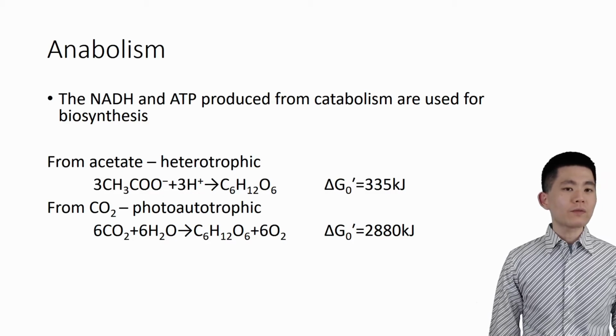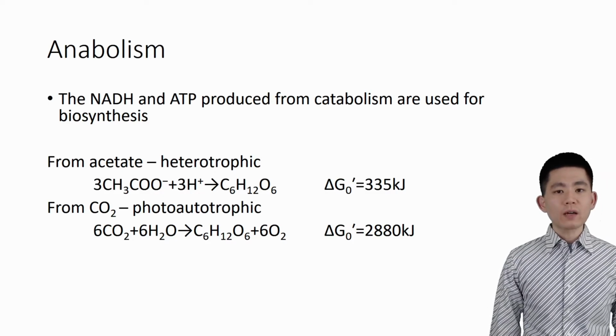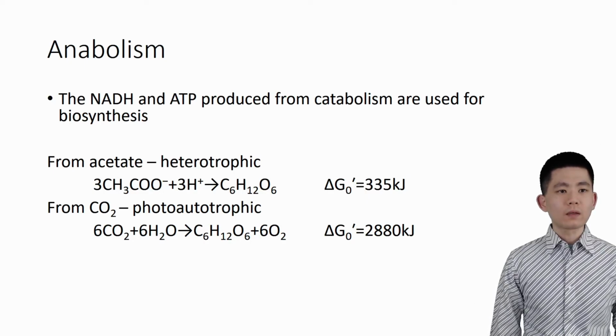Energy generated from catabolism, the breakdown of electron donors, is used for anabolism, the biosynthesis of cell materials. Anabolism is essentially the reverse of catabolism. The NADH and ATP produced from catabolism are used for biosynthesis.